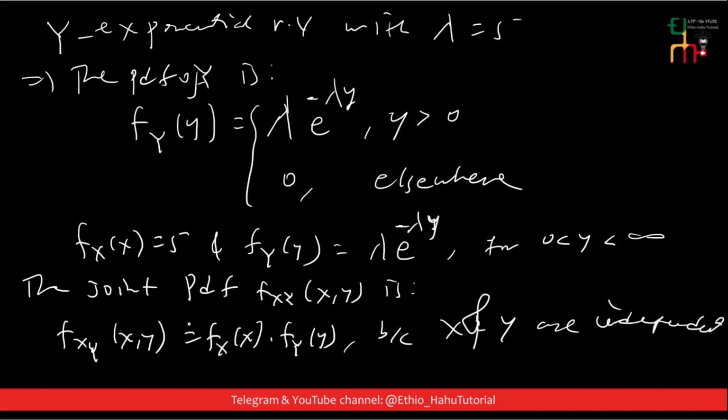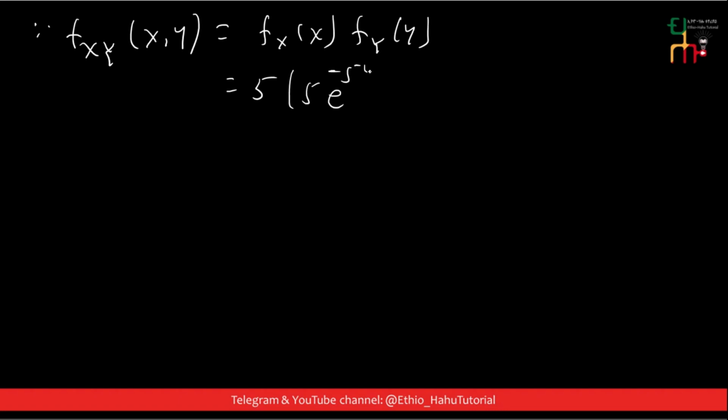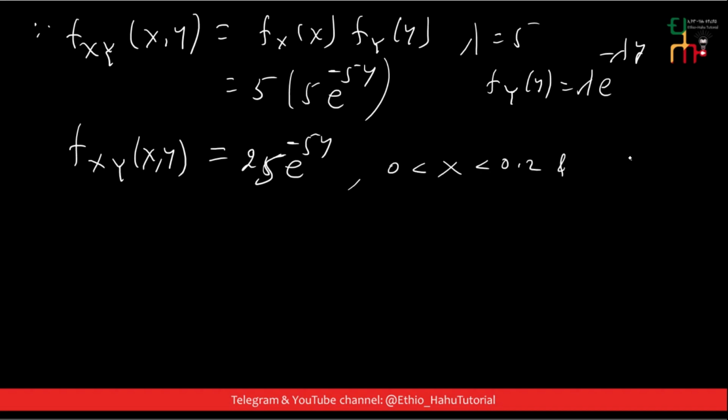Therefore f_XY(x,y) is equal to f_X(x) f_Y(y). f_X(x) is 5 and f_Y(y) is 5 times e to the power of minus 5y, because lambda is 5, so we put 5 in place of lambda. Therefore this is 25 e to the power of minus 5y, the joint probability density function of x and y, for x greater than 0 and less than 0.2 and y greater than 0 and less than infinity.